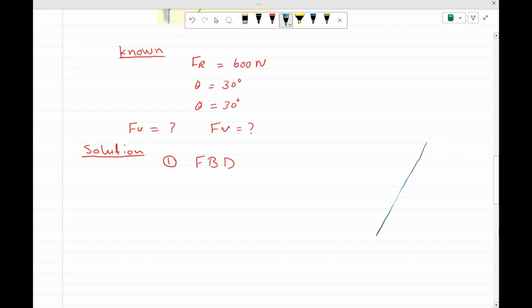Here is one of the axes, which is the V axis, and drawing the U axis, and we also have the force, the resultant force. And we have the Fv along the V axis.